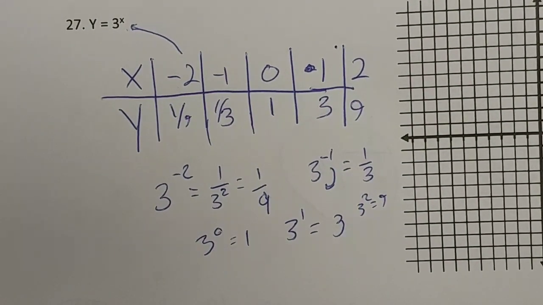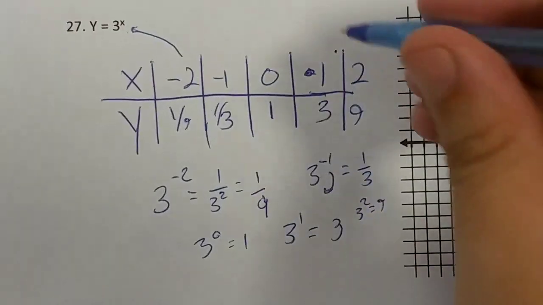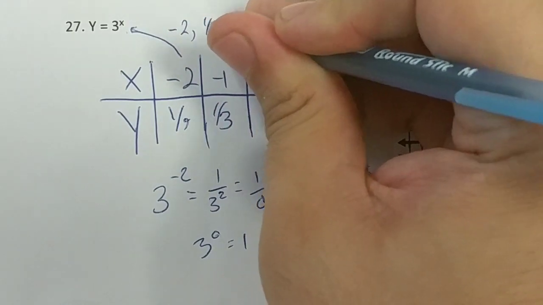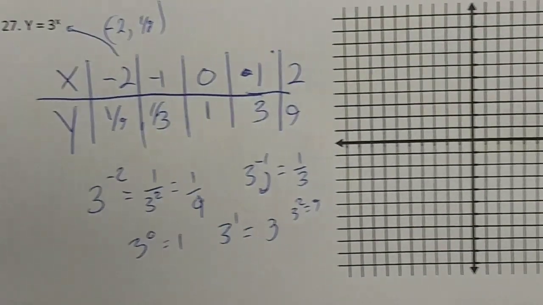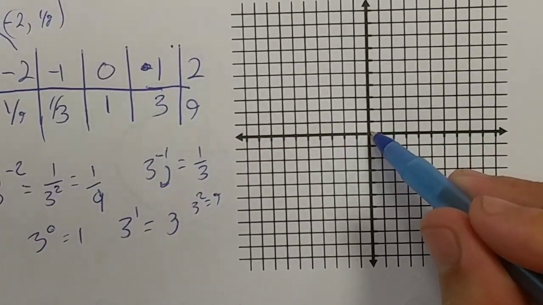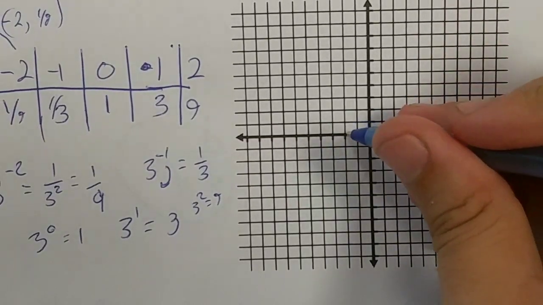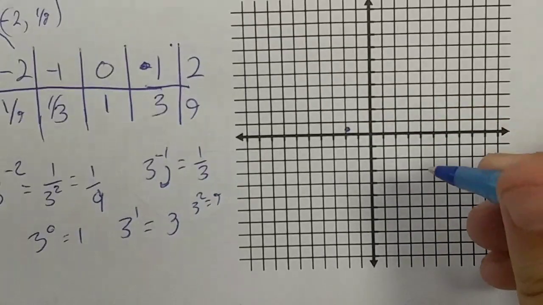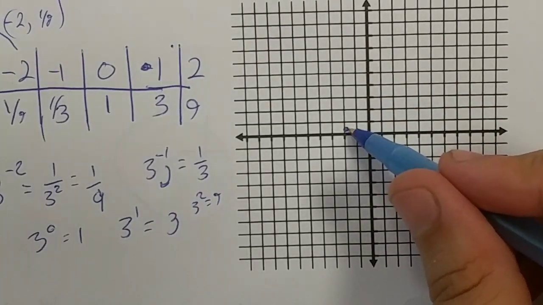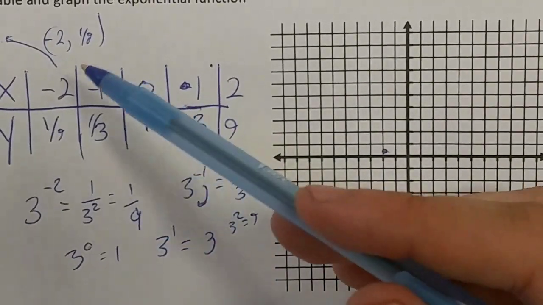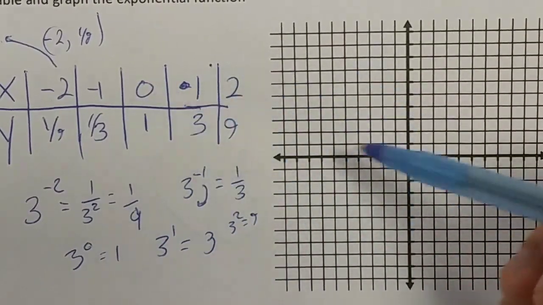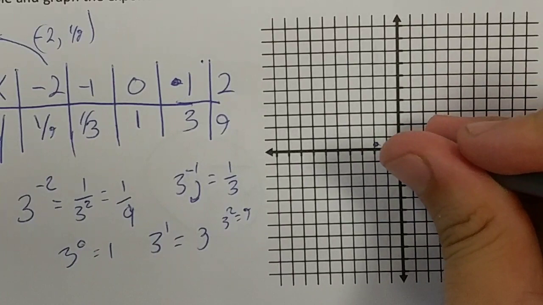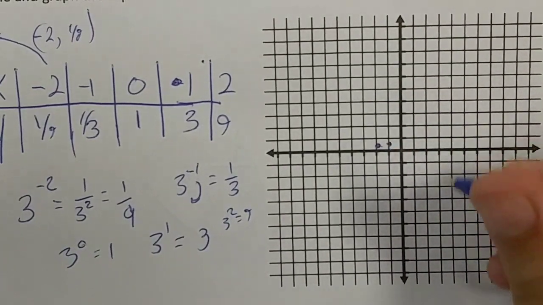That's your table. How do you graph that though? Each point is a coordinate point. Like your first one is -2, comma 1/9. So I'm just going to drag it over here. -2 means 2 left. 1/9 is a very small step above 0. Let's go to the next one. -1, 1/3. -1 is 1 to the left. 1/3 is slightly above 1/9, but not that high.